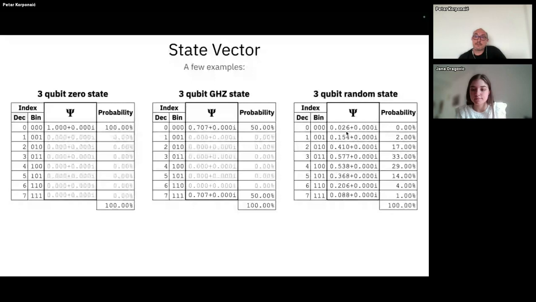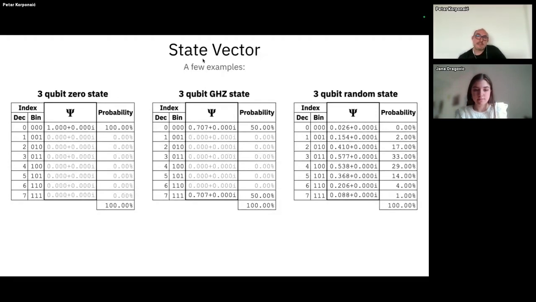But probability is of course always positive, and you get the probability when you take the absolute value of this complex number. Absolute value squared is probability, and the sum of all probabilities is always 1 or 100%.